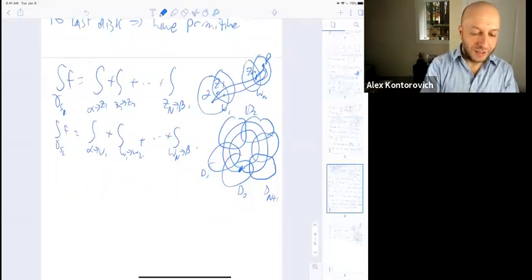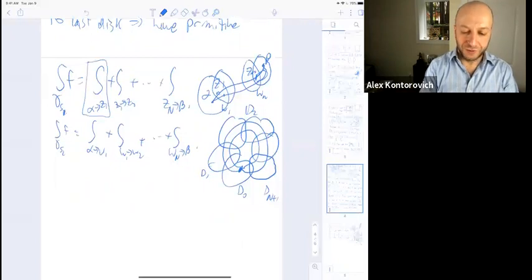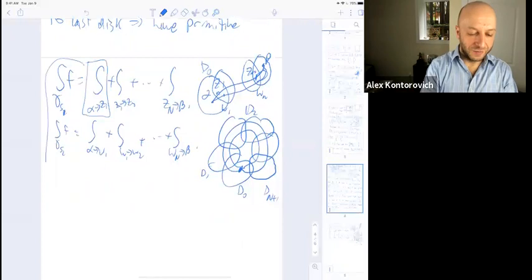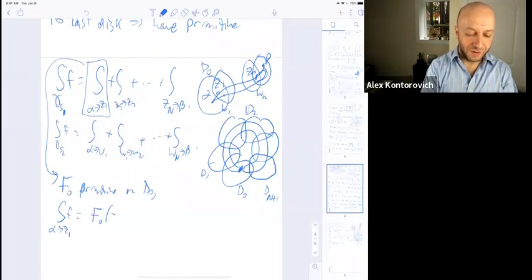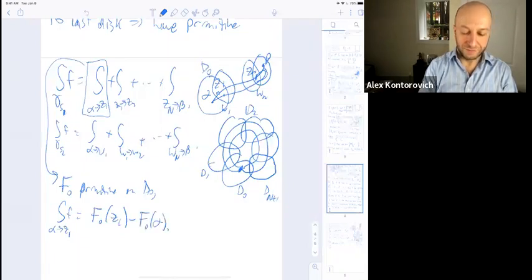So this first integral takes place inside D0. On this first integral, F0 is a primitive on D0. So this integral of f from alpha to z1 is F0 of z1 minus F0 of alpha.